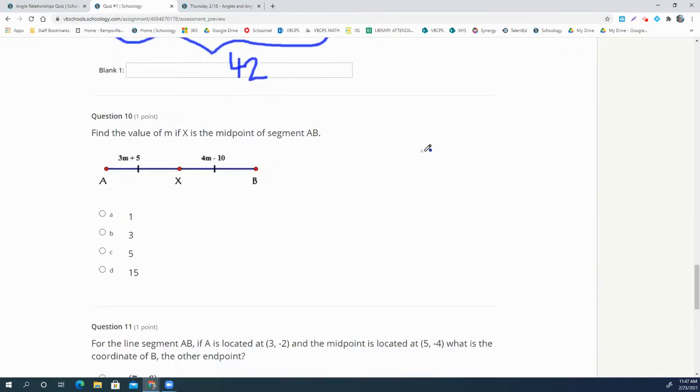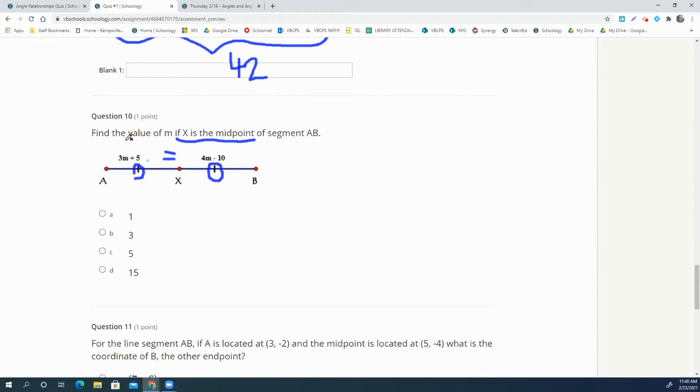How about question 10? What do I know based on the words up at the top? How do I set up that equation? If X is the midpoint, what do I know about that? What do these marks mean? They are, absolutely. They're congruent. And if they're congruent, then they're equal.